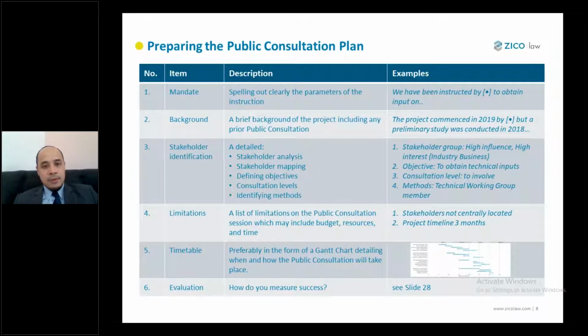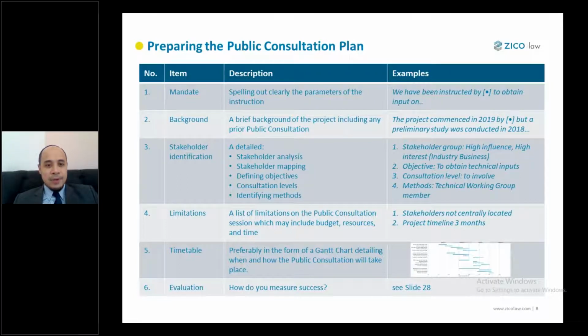Now, the next step to also consider here is the limitations of your consultation. I think it's very important here to be realistic because at the end of the day, we do want to conduct the best consultation possible, cover all the relevant stakeholders, and try the best, most unique, interesting methods out there. But there are so many constraints in the process. For one, time: everything is always due yesterday.